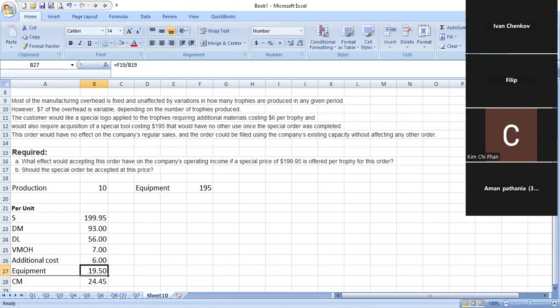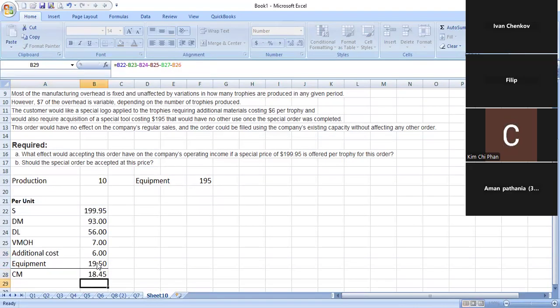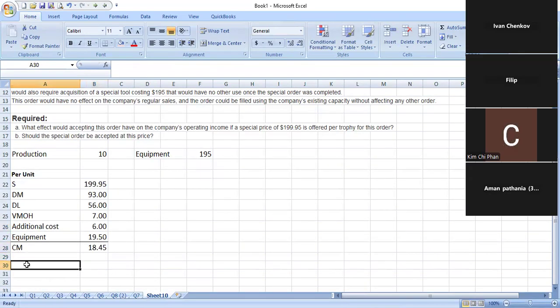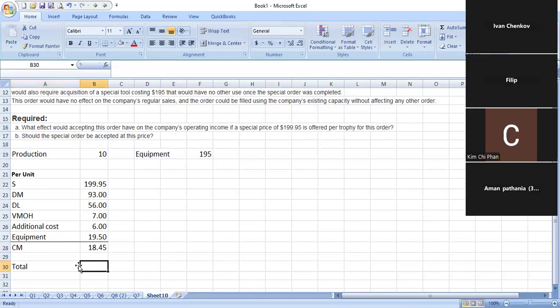So that's going to reduce the price, but it's not going to change the outcome dramatically, right? Minus 6. $18.45. Shall we make it or not? What do you say? Are we making those 10 or not?